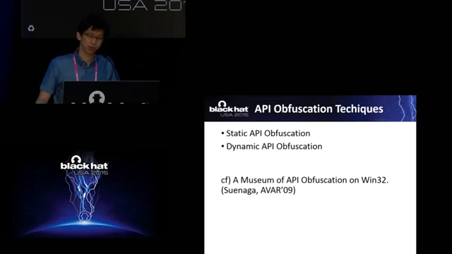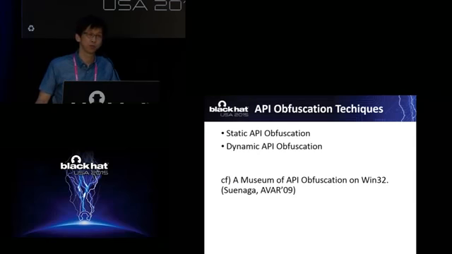API obfuscation techniques can be classified into two. The first is static API obfuscation, where obfuscation techniques are only applied at compile time, that is, packing time. And the second is dynamic API obfuscation.